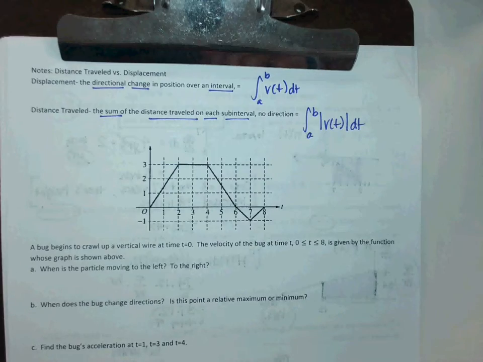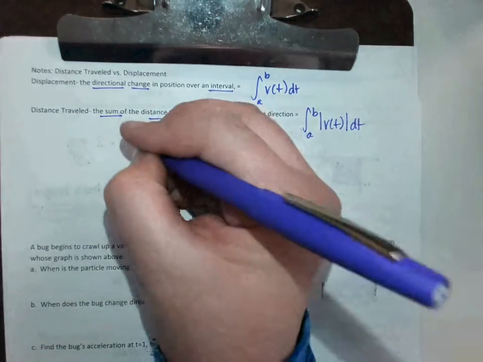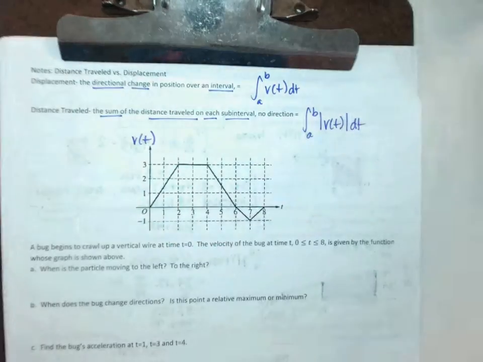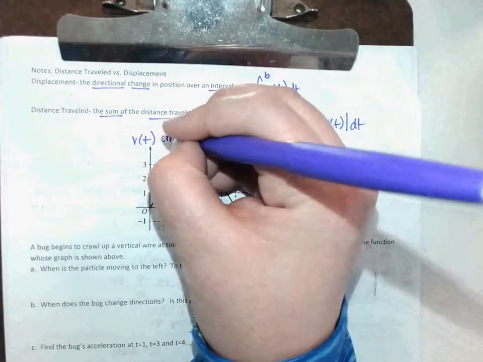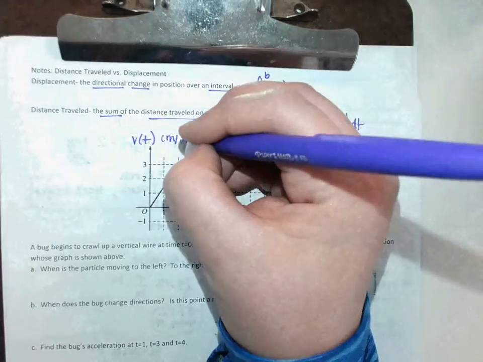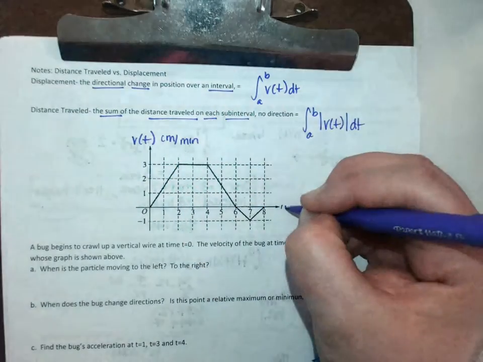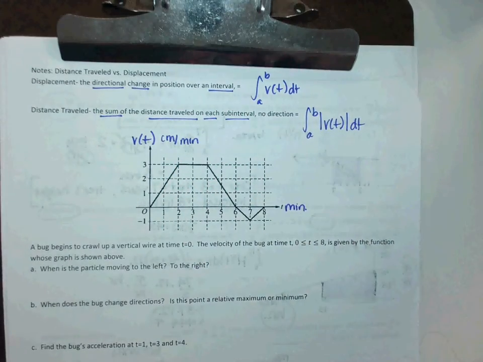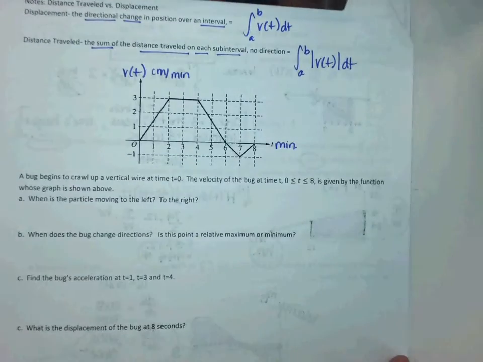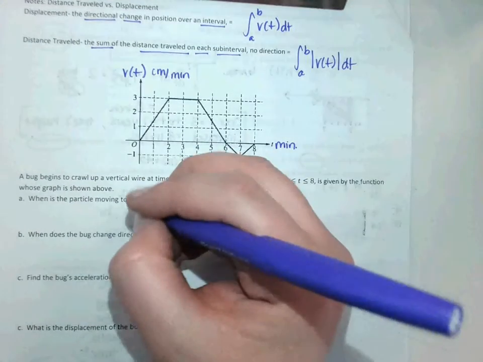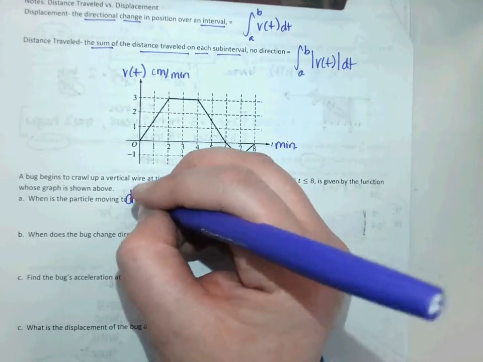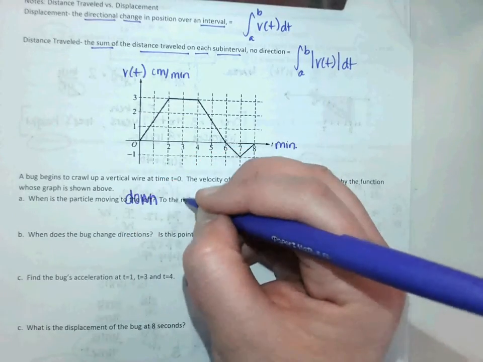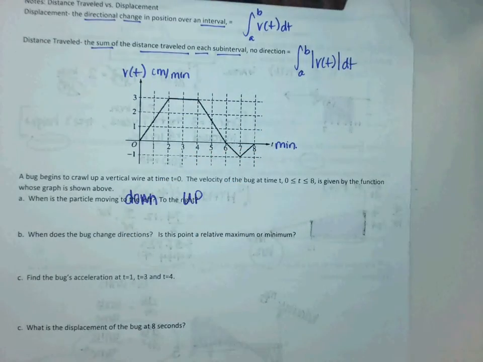So you have a bug, he's on a vertical wire, and the velocity is given in the chart, v of t. We're going to say he's doing centimeters per minute because it doesn't say, and we'll put minutes here. So part A, when is the particle moving? If he's on a vertical wire, let's change this to down, and let's change this one to up, because technically you can't be going left and right if you're on a vertical wire. So when is he going down?